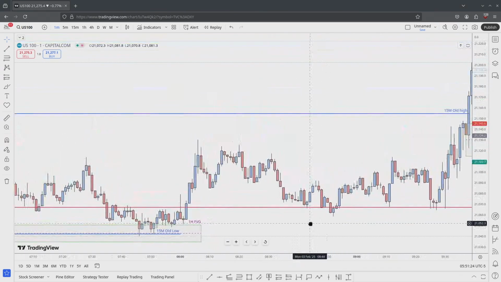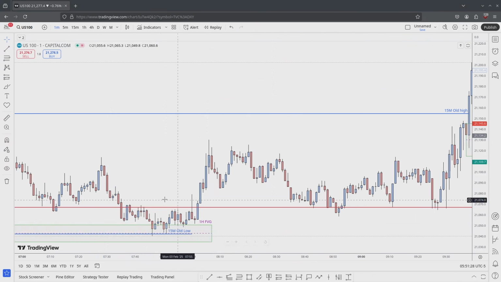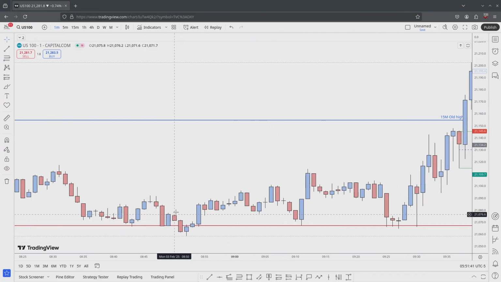First off, let's look at 9:30 here. 9:30, okay. So we traded this 1 hour fair value gap, moved away. 8:50, nothing. But if you look at this structure here, this low, high, lower low move in here, we look at that.